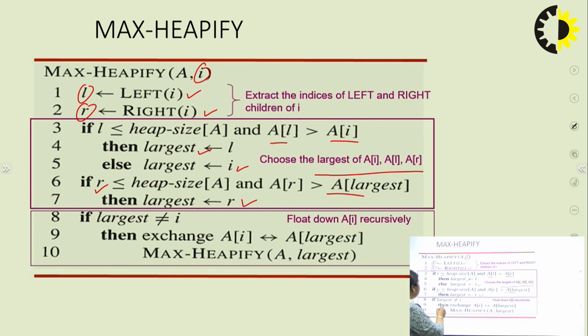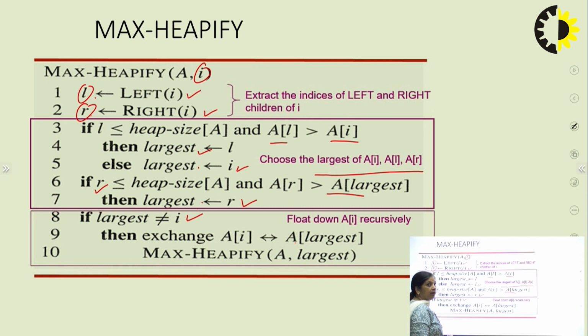If the largest is i itself, where i is the parent node, L the left node and R the right node, we will not do anything. If the parent node is not the largest, then we need to exchange it with the largest value that we have just calculated.